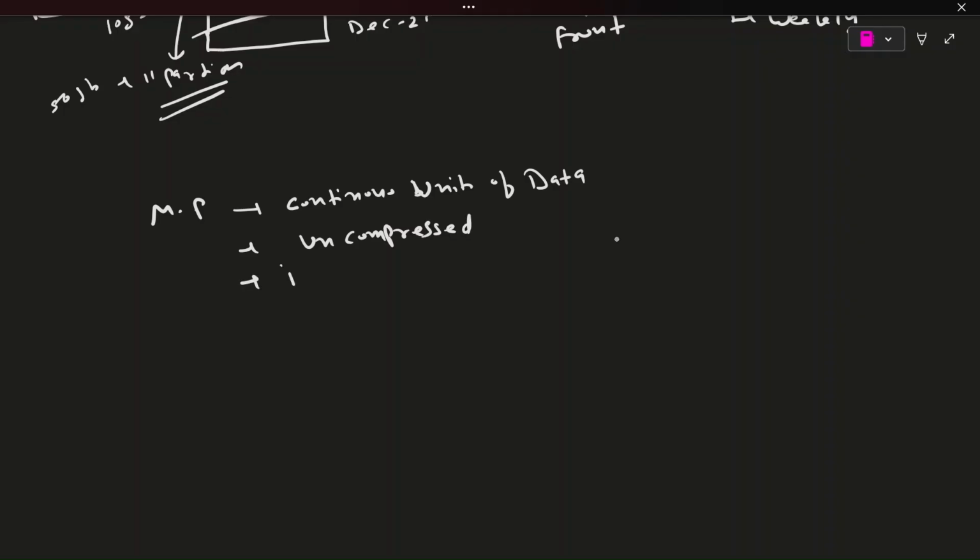Data saved within a micro-partition is in columnar format. And this data will be compressed.